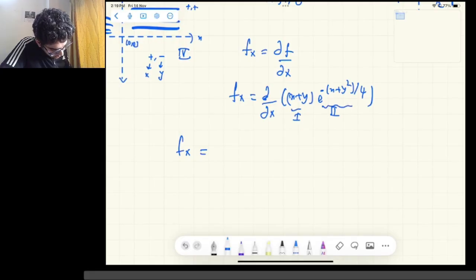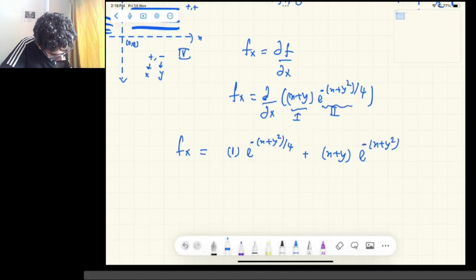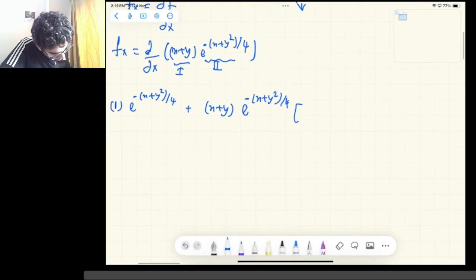This will give me 1 into e to the power minus (x plus y) square divided by 4, plus (x plus y) e to the power minus (x plus y) square divided by 4 into minus 1 by 4.